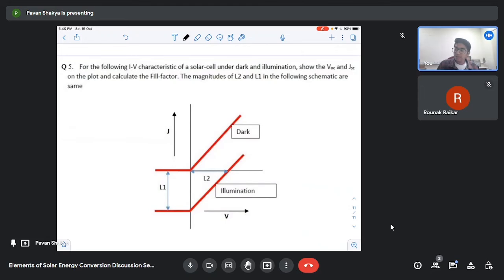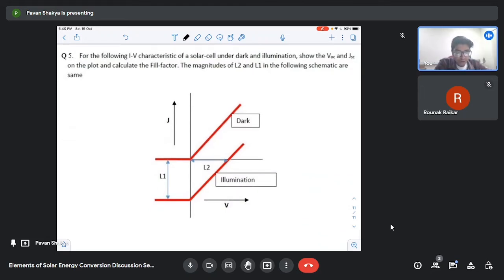So in this problem, it has been shown the IV characteristic of a solar cell under dark and illumination. Show the VOC and JSC on the plot and calculate the fill factor. The magnitudes of L2 and L1 in the following schematic are the same. Okay, so from the figure we can easily show the VOC and JSC.